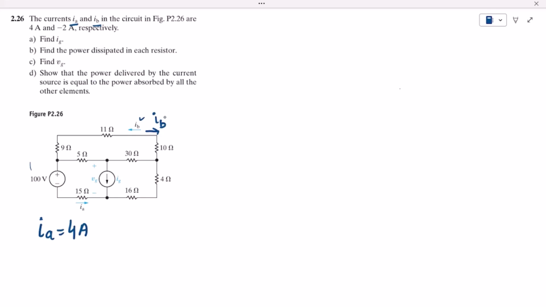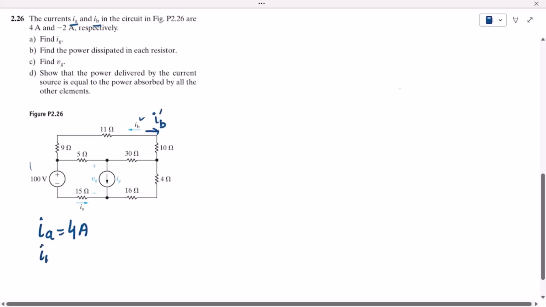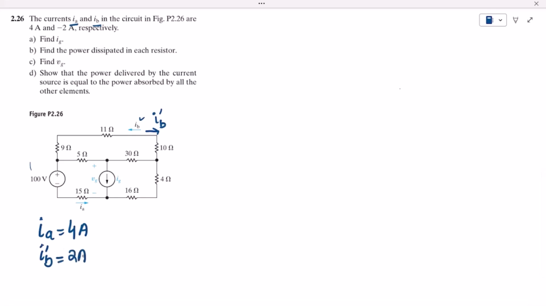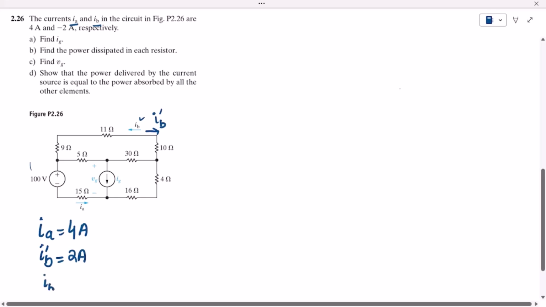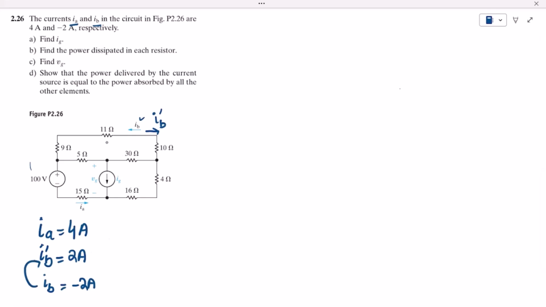So the value of IB prime is 2 amperes, from the value of IB which was minus 2 amperes. You have got my point: if this was negative, then in the opposite direction the current will be of the same magnitude while the direction has been changed.